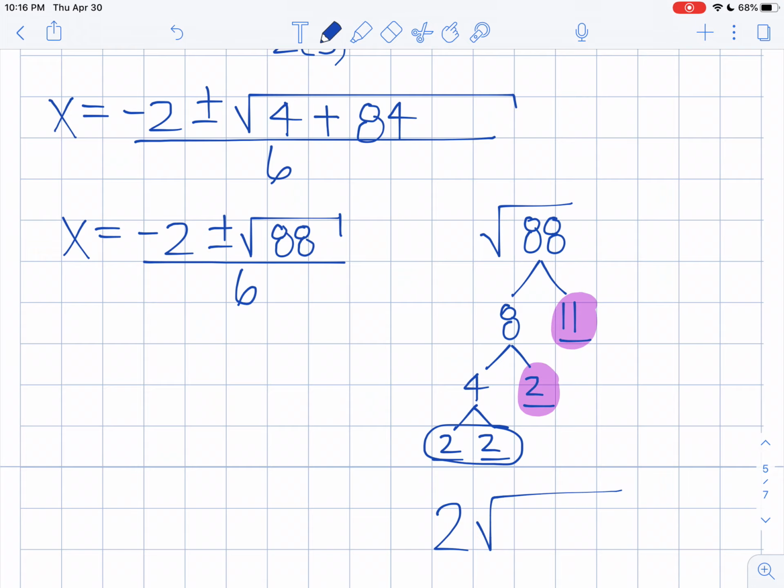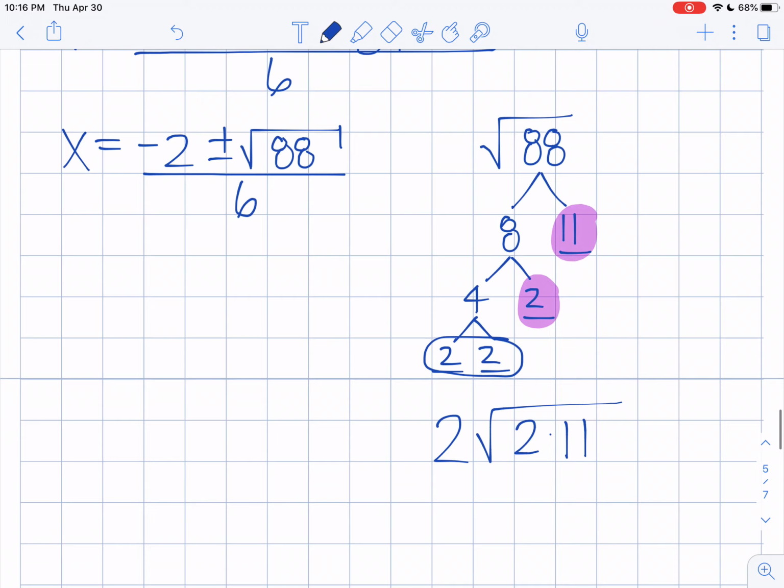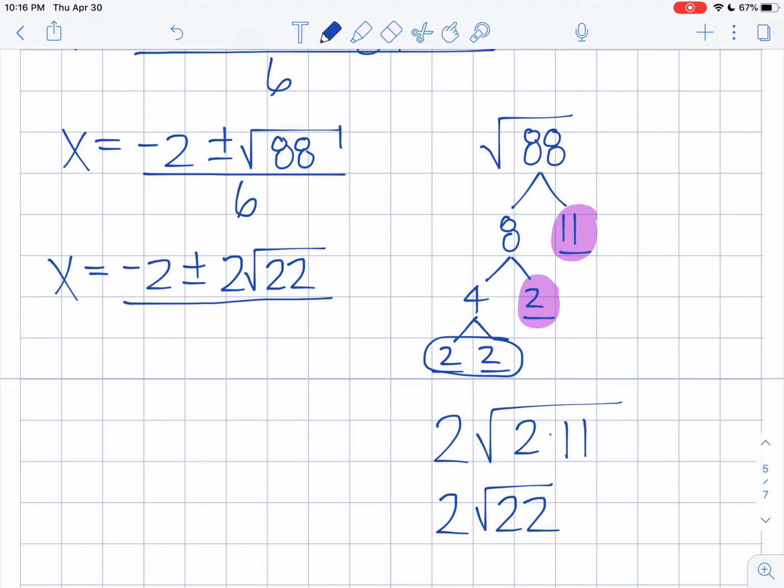So they go back inside my square root, and I multiply them together. 2 times 11. So the square root of 88 reduces down to 2 times the square root of 22. So I'm going to put that back in my problem. -2 plus or minus 2 times the square root of 22 divided by 6.